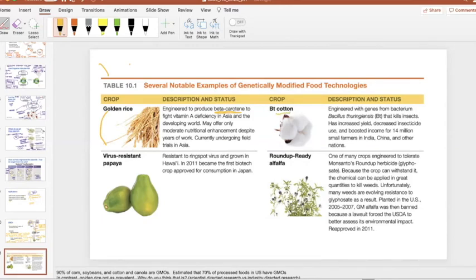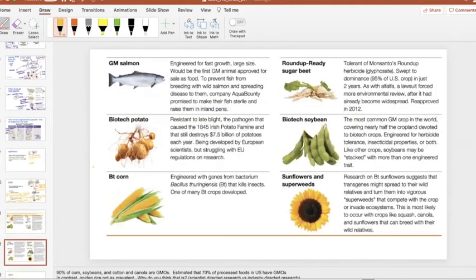Another crop that we have is something called BT cotton. Remember, BT is that gene that makes things insect resistant. So most of the cotton that we grow around here is BT cotton, okay? There is a virus resistant papaya, Roundup Ready alfalfa. Let me show you a couple more.